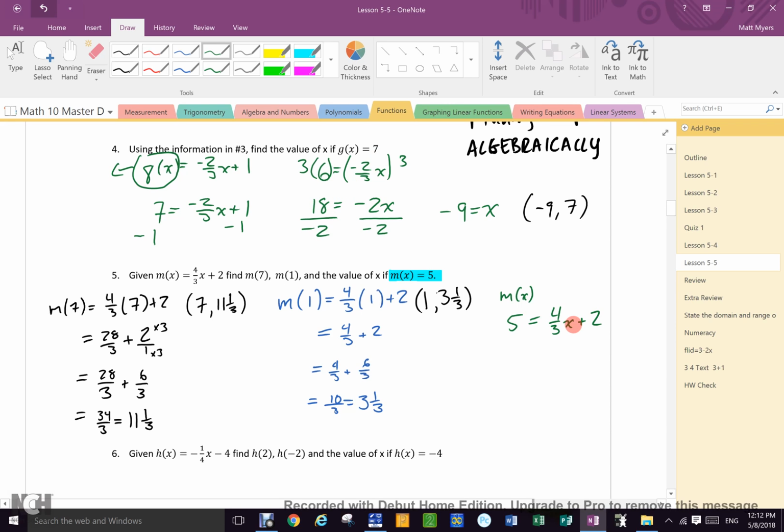Go ahead, use your algebra that you already have, and tell me what the ordered pair here is going to be. You may work with a neighbor, it's not a test. If you finish and you feel you're ready, try number 6 on your own. Thinking to yourself, why is it an H instead of an M?